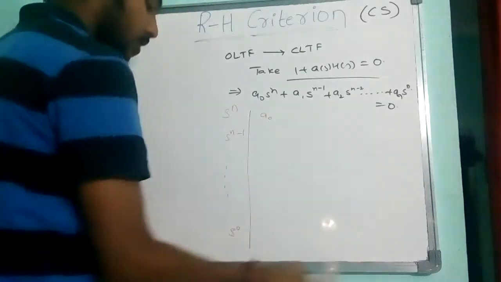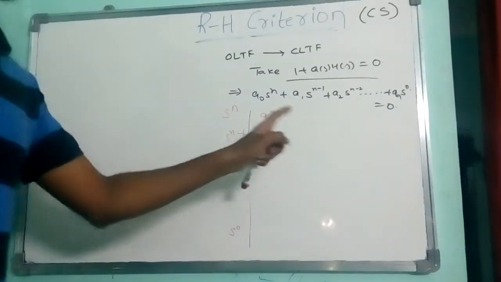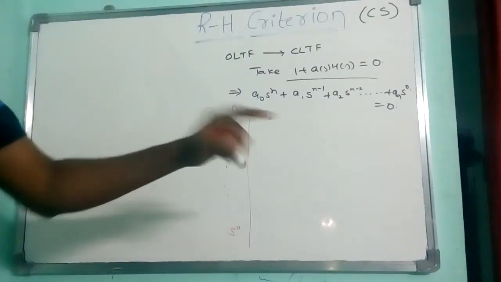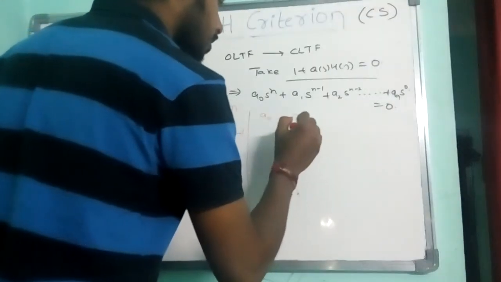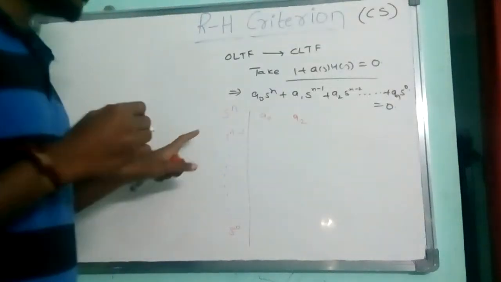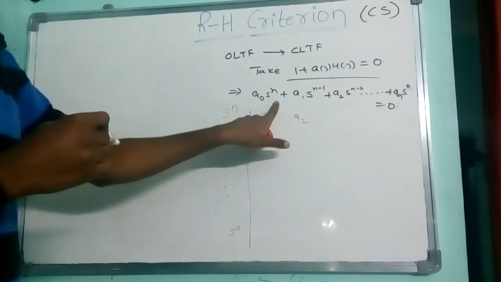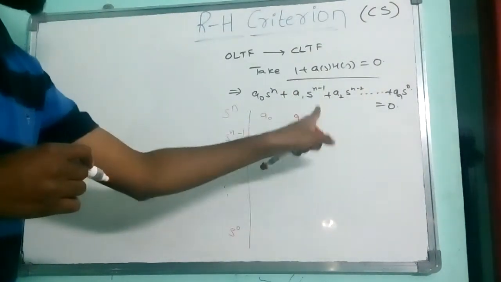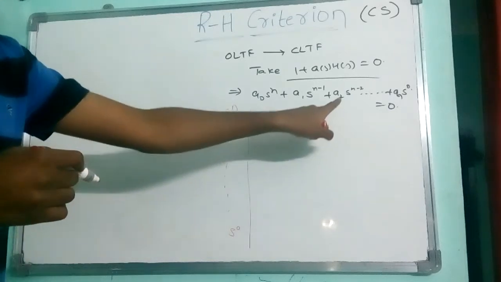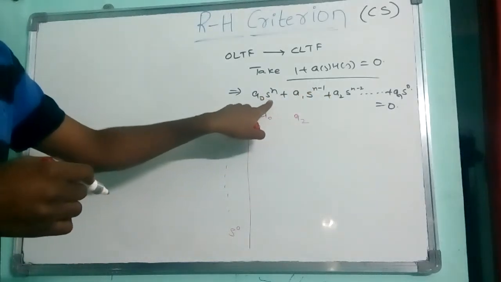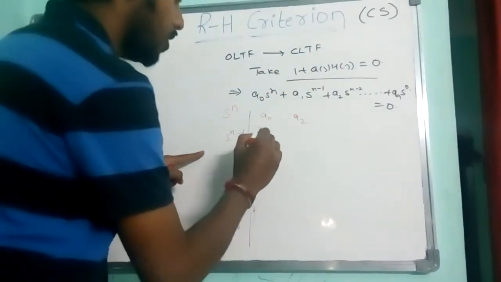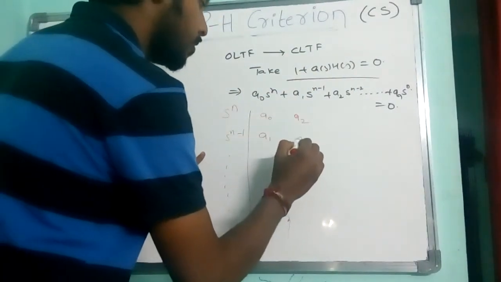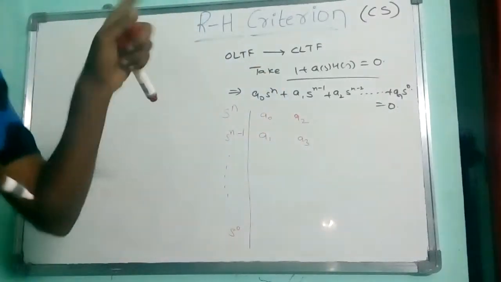I need to write all even terms first or odd terms first, depending upon the n value. Suppose n is 5, the next highest power will be 3. Or suppose n is 3, the next will be 1. All odd terms at once, and next all even terms at once: a1, a3, the next term.